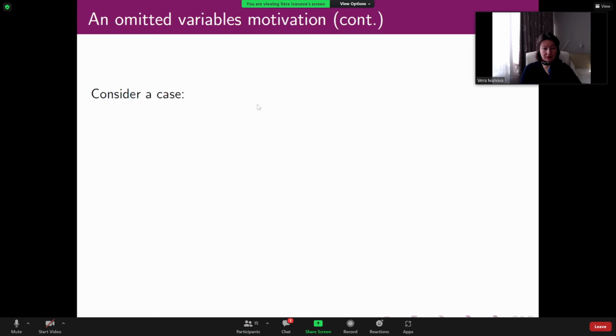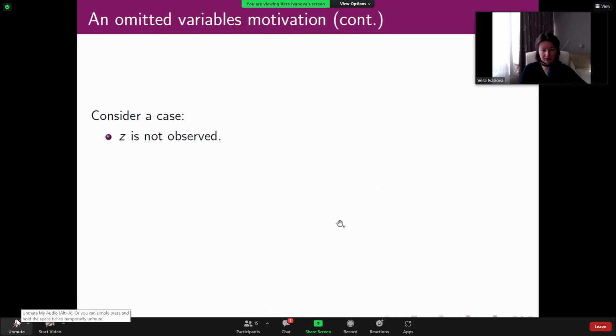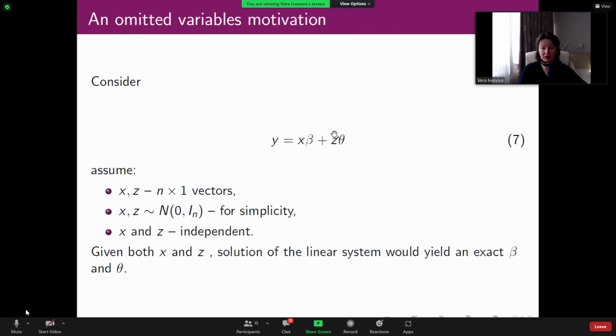The second motivation is for the omitted variables motivation. That is, the omitted variable. We have no available variable, but we know that the variable must be in this equation, but we do not observe this. We don't have the values of z.